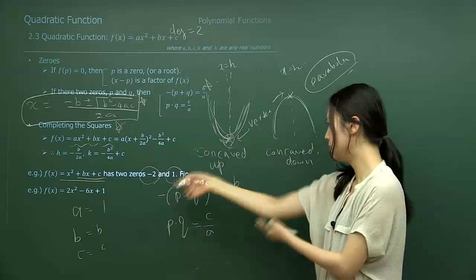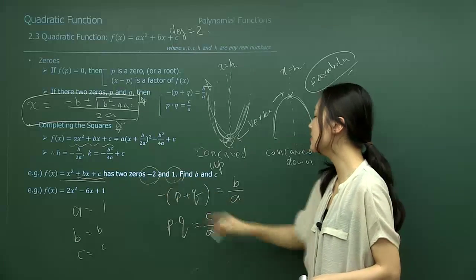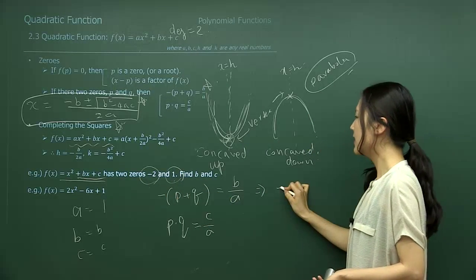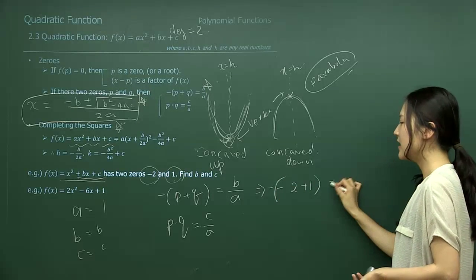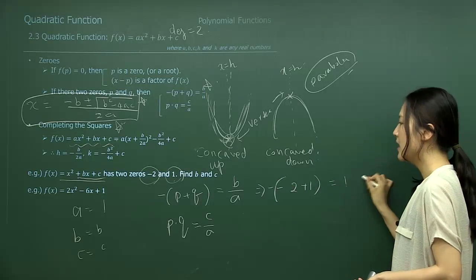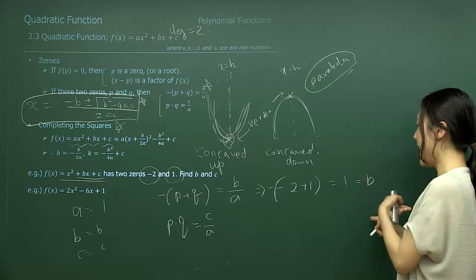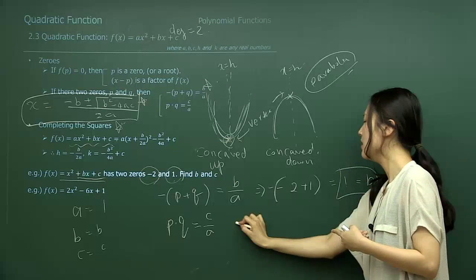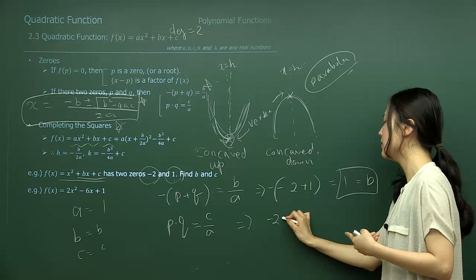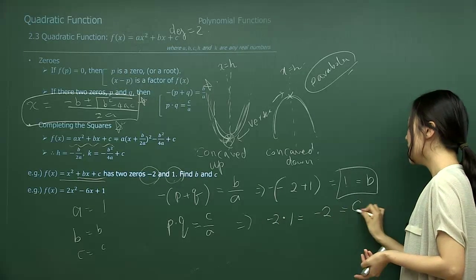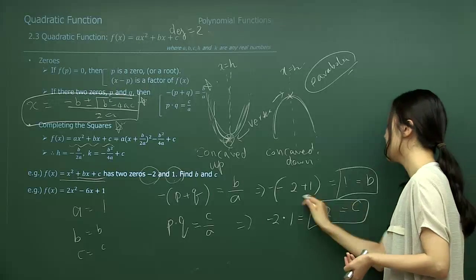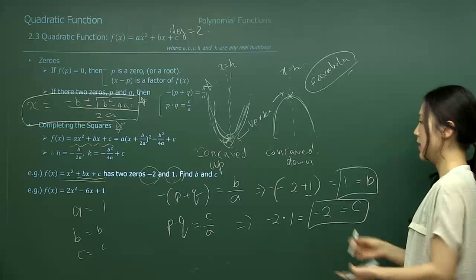So let's put the values in. What is the negative sum? -2 plus 1 with a negative sign outside gives you +1, right? That equals B over A, hence B. And the product, -2 times 1, gives you -2, and that equals C over A, hence C. So there you go.